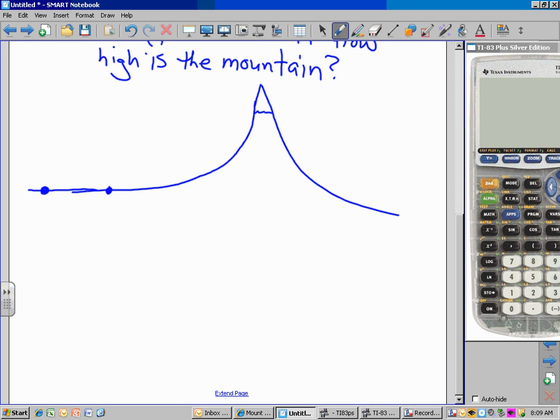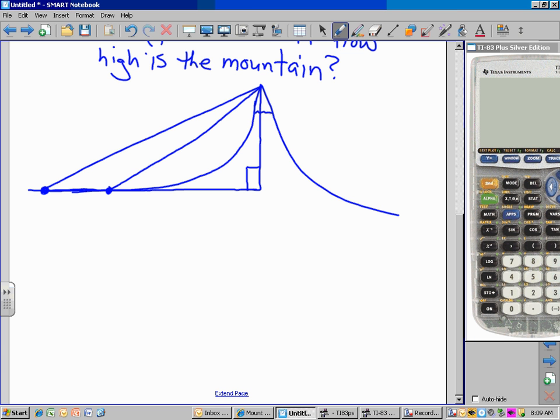Okay, they're surveying the top of the mountain. Right? So, what we can do is this. How's that? So there's our triangles. We actually have two triangles.